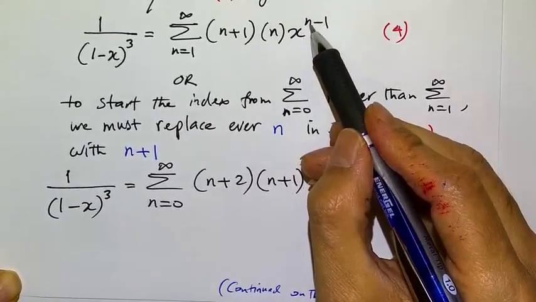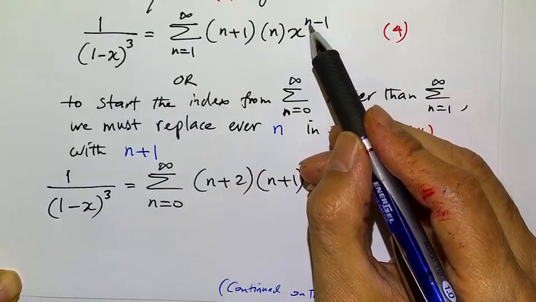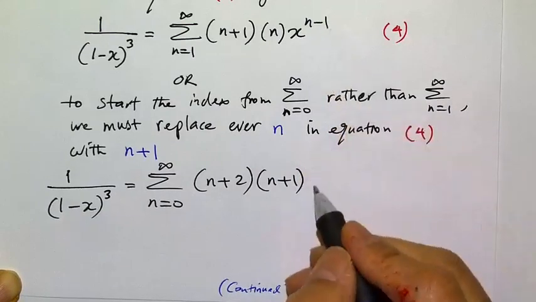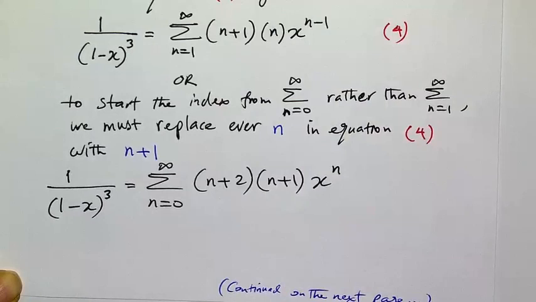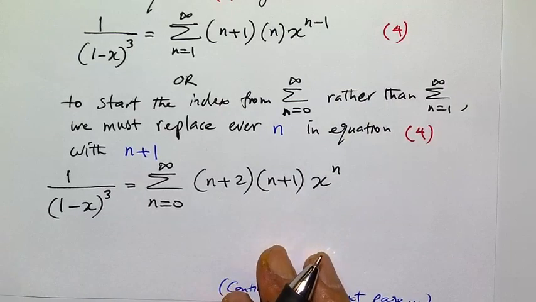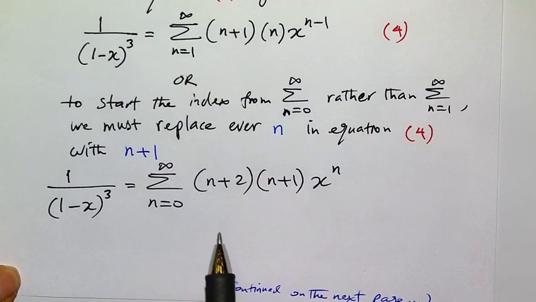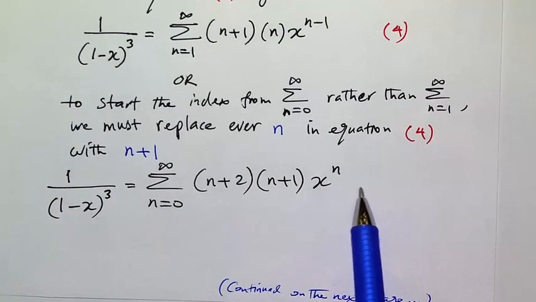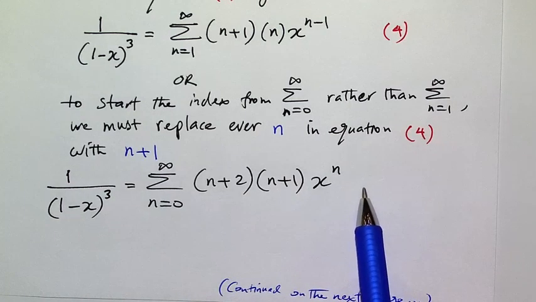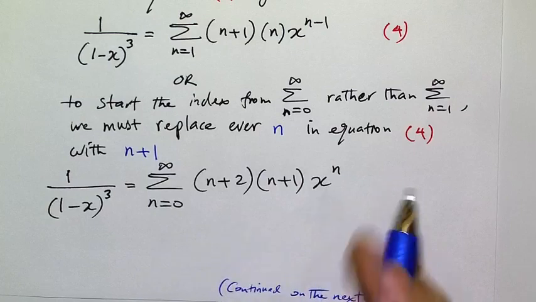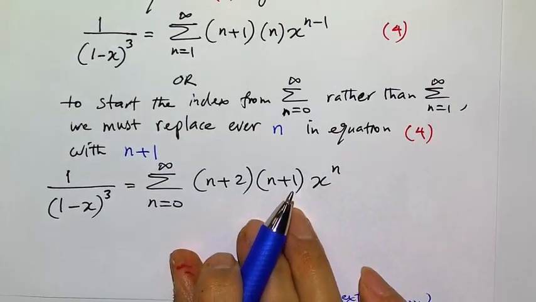And if I replace this n with n plus 1, we have n plus 1 minus 1. We end up with x to the n power again. Okay, so far this is where we are.